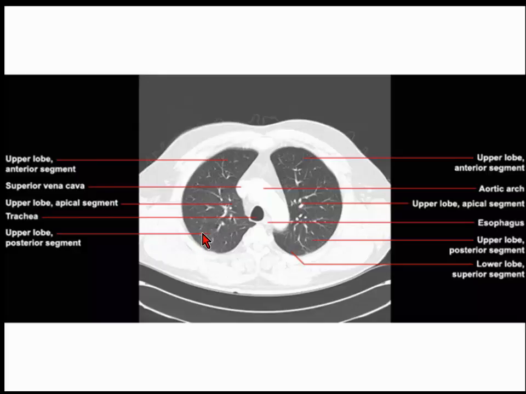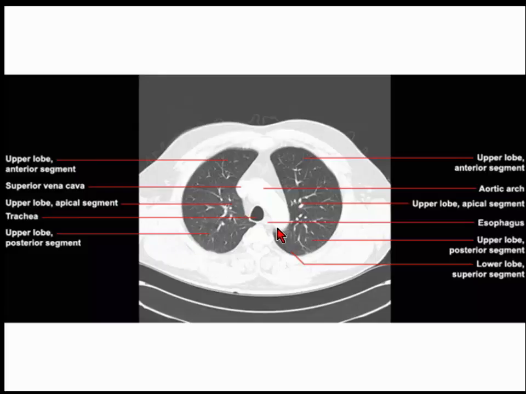So this one is the upper lobe posterior segment. So this is apico-posterior, that's the anterior, that's the apical, and that's the posterior. And that's the fissure that is going through. You'll see the fissures on this side. There are two fissures. One is the horizontal fissure, and the other one is the oblique.